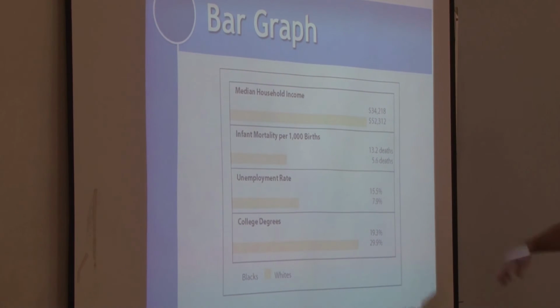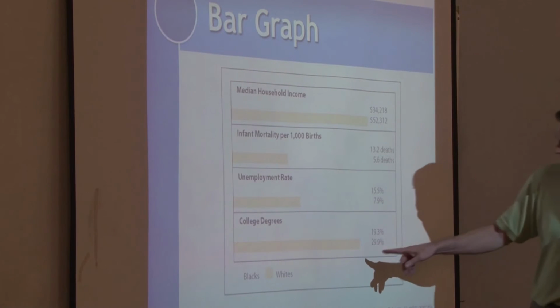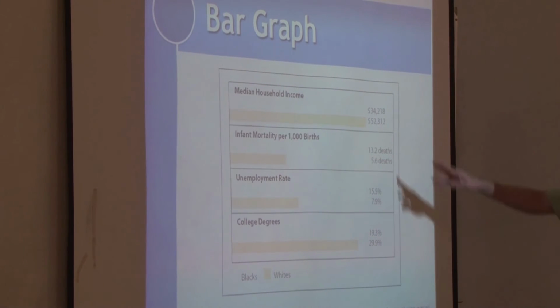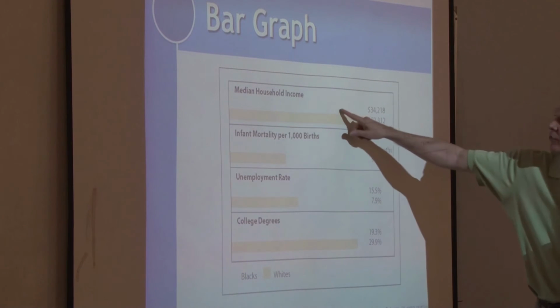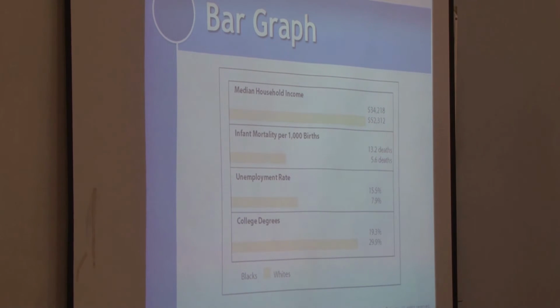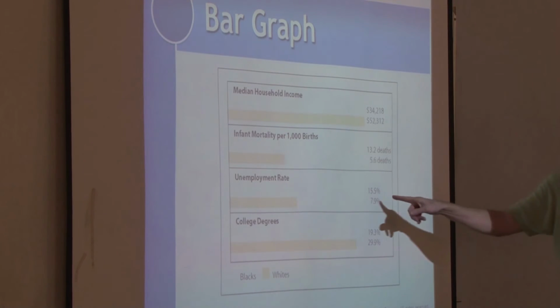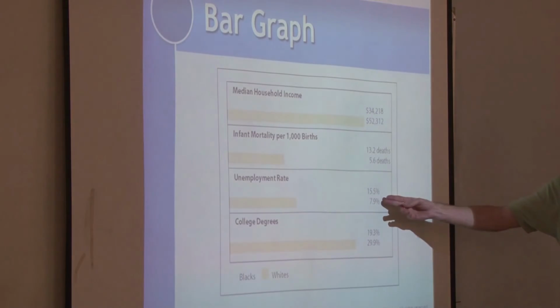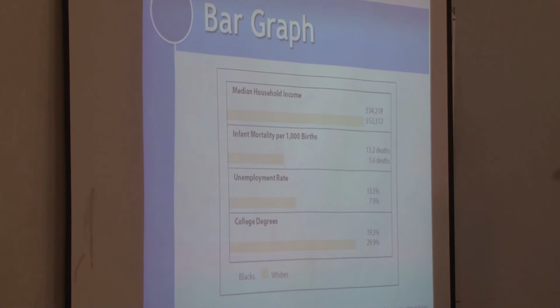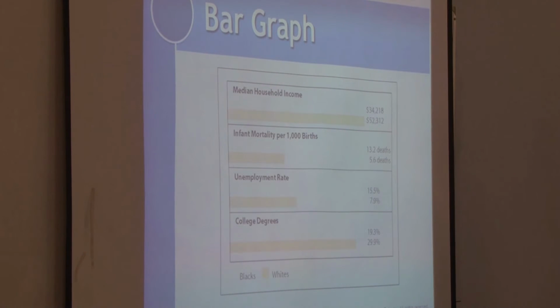So this is hard to see again. You can hardly even see the gray at all. But anyway, you get the idea that median household income, this is greater, 5234 is about in there. Infant mortality, there are a lot more deaths in this aspect than there are here. Unemployment rate, again, this is 2000, it's probably based on 2008, because that's a pretty high figure, maybe when Mr. Obama first took over, he was at like 7.9.